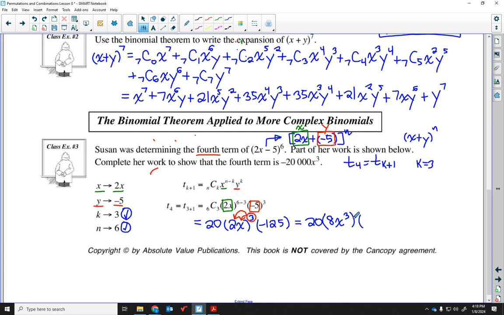So we would have 20 times 8x cubed times negative 125, which tells me that term 4 in the expansion of that binomial is going to be equal to negative 20,000 x to the power of 3.